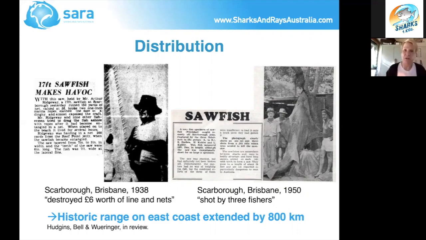It's very difficult to come to actual numbers and count them, to figure out, okay, there used to be 100,000 animals and now there's only 3,000. But what is easier to find out is how much their ranges have declined. We know that freshwater sawfish are now found north of Cairns. Historically their range would have been around 2,000 kilometers bigger. So that's a huge area where they have disappeared from.